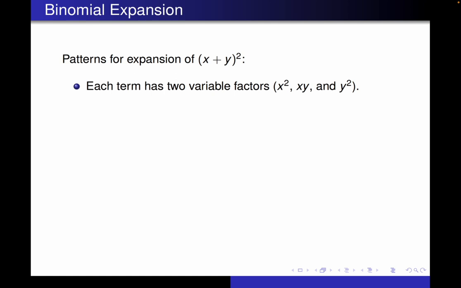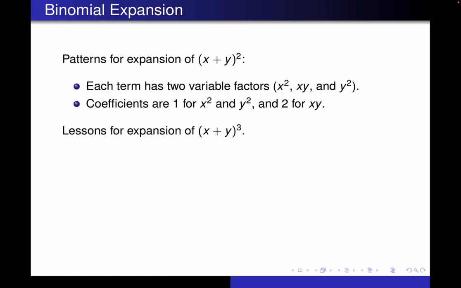So you have two x's, an x and a y, or two y's. Also notice that when you multiply them out, you have coefficients of 1 for x squared. That's the same as 1 times x squared. Plain old y squared is 1 times y squared. But for xy, you got a different one: a coefficient of 2.